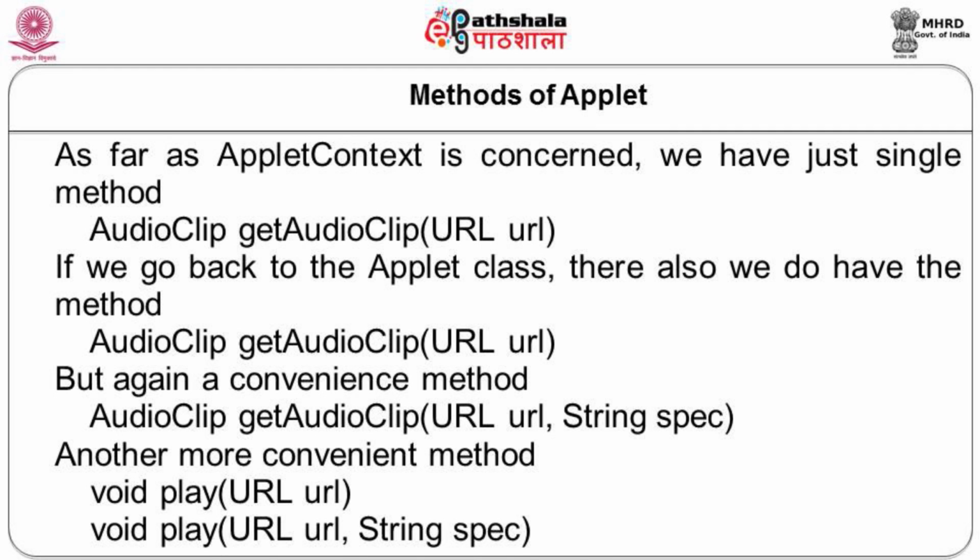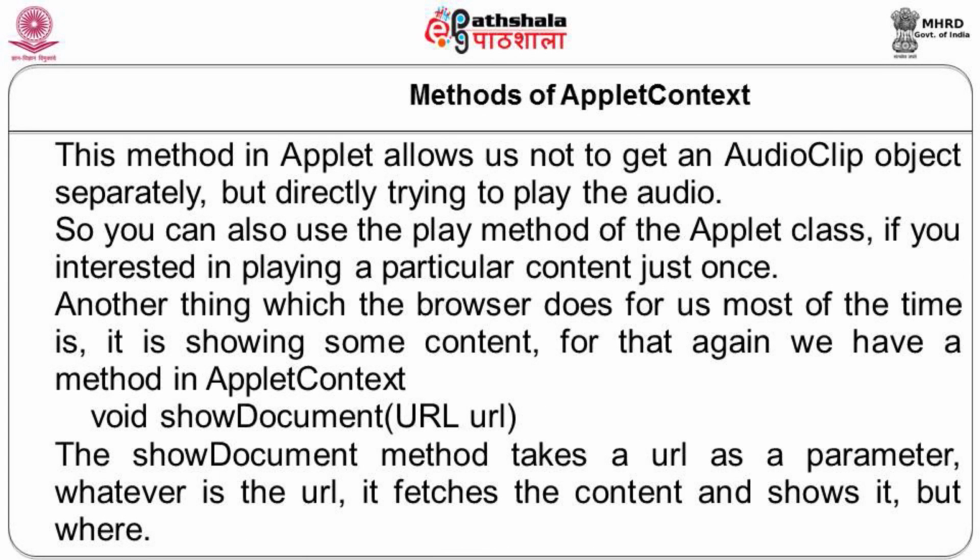The applet class provides us the method play, where you specify a URL, or you can give a URL and, relative to the URL, a string can also be given. The code there would get the audio clip from this and then play it also, in one go. So you directly have a convenient method called play if you are interested in playing a particular audio content just once. For that purpose, the Applet class provides those methods.